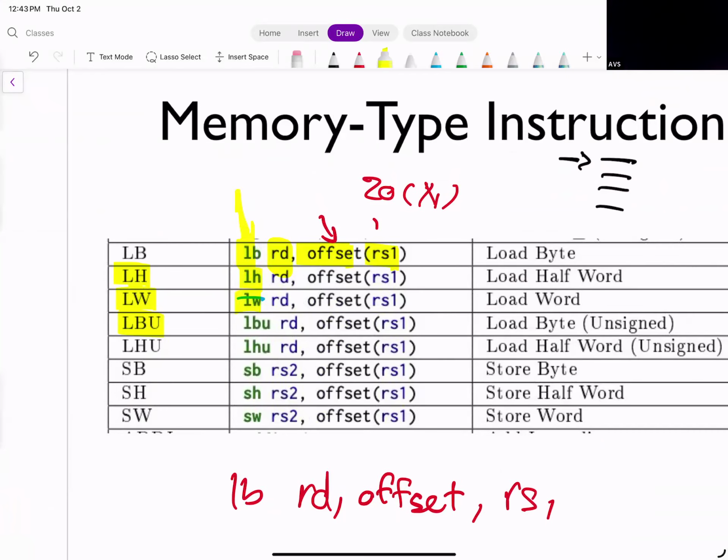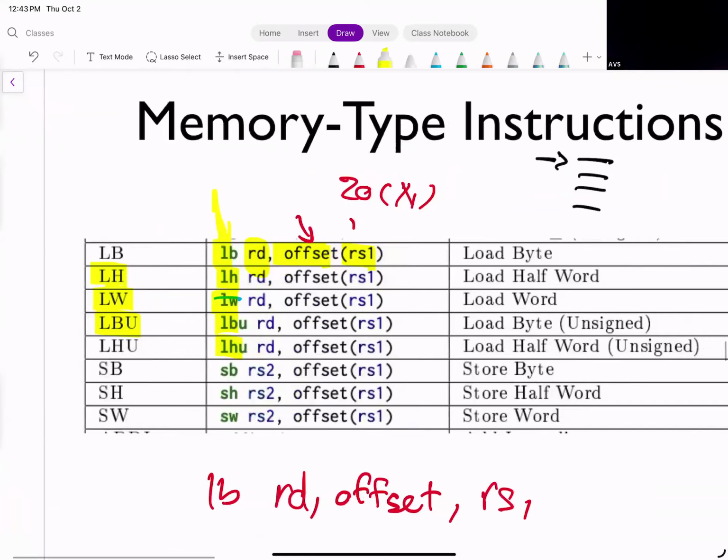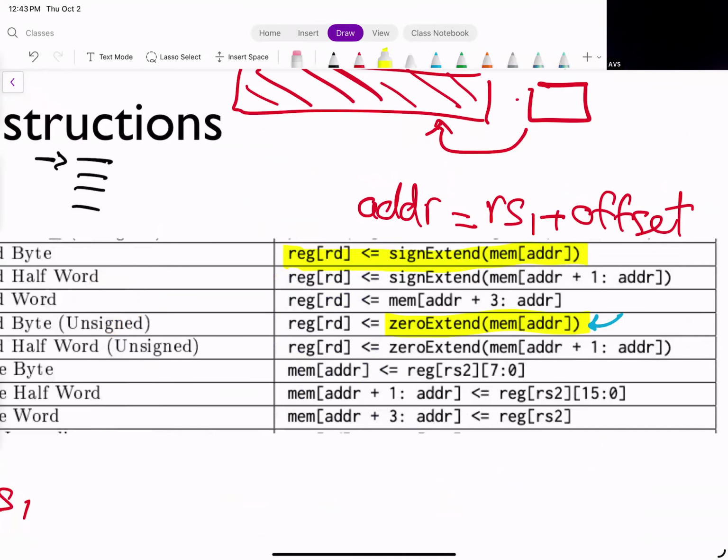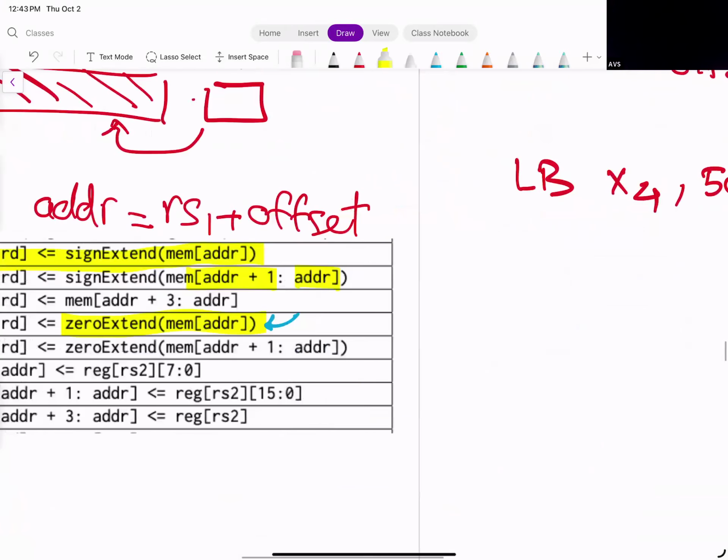The only difference between them is how much we read. As you can see, this one says that I'm reading address plus 1 and address, with a colon. When you see a colon like this, for example memory 2 colon 1, this means that address 2 and address 1 are concatenated together, okay?